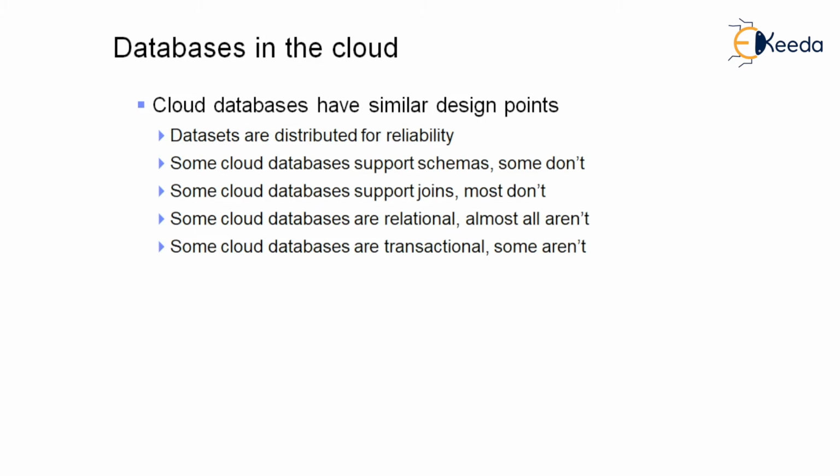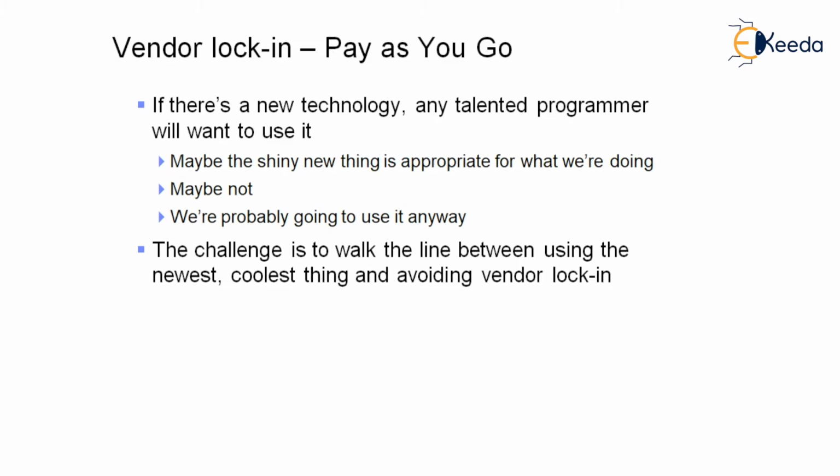Some cloud databases are relational, almost all aren't. Some cloud databases are transactional, some aren't. So these are certain limitations in terms of the certain principles. Now these are also treated as services provided by the cloud.